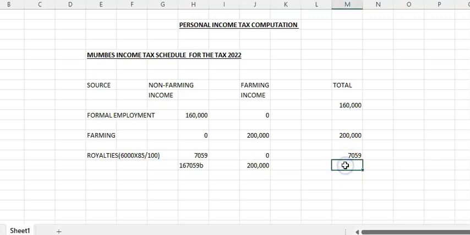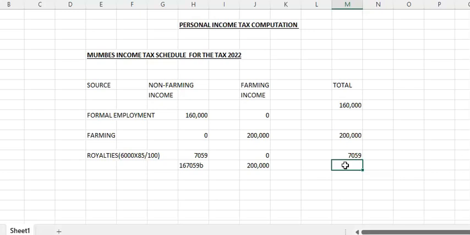And then here when we add, 160 plus 200,000 is 360, plus 7,059.